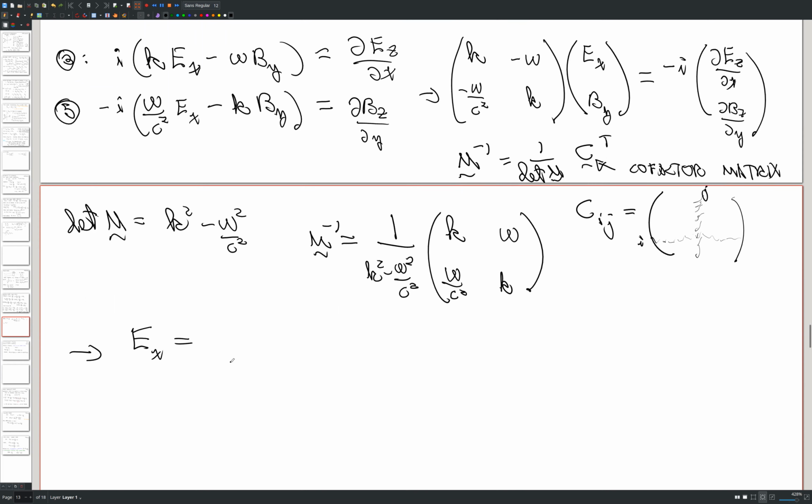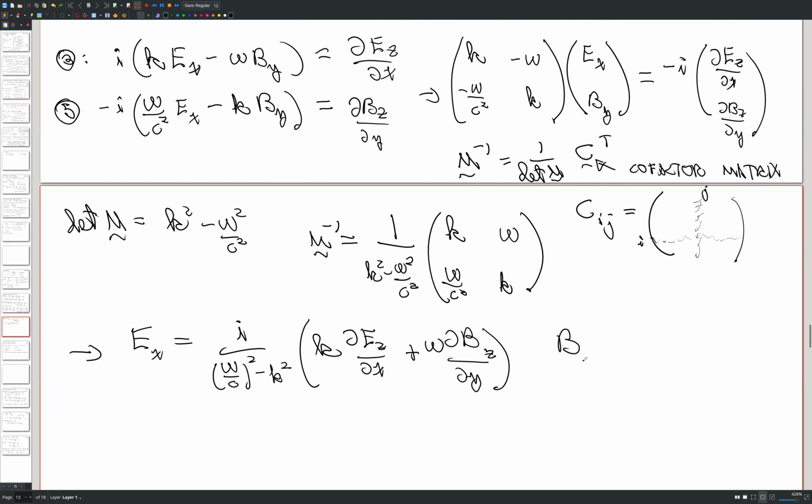So what this gives me is an equation for Ex, which looks like this: i over, put a minus sign here in the denominator, omega over c squared minus k squared, and then the parenthesis k dEz/dx, okay, plus omega dBz/dy, and the Bx is equal to i over omega over c squared minus k squared, and then k dBz/dy minus omega over c squared dEz/dx. Okay, that's just a way of doing this.